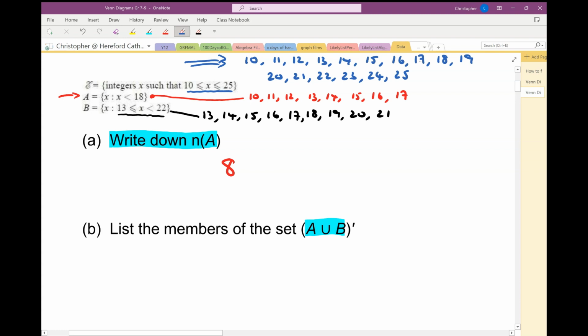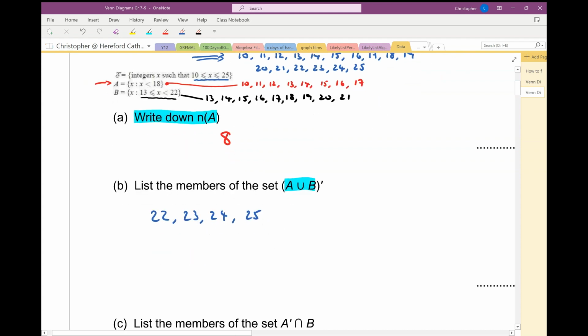Is 18? Yes, because that's in B. Is 19? Yes, because that's in B. Is 20? Yes, because that's in B. Is 21? Yes, because that's in B. So the only numbers in the universal set which are not in A or in B are 22, 23, 24, and 25.